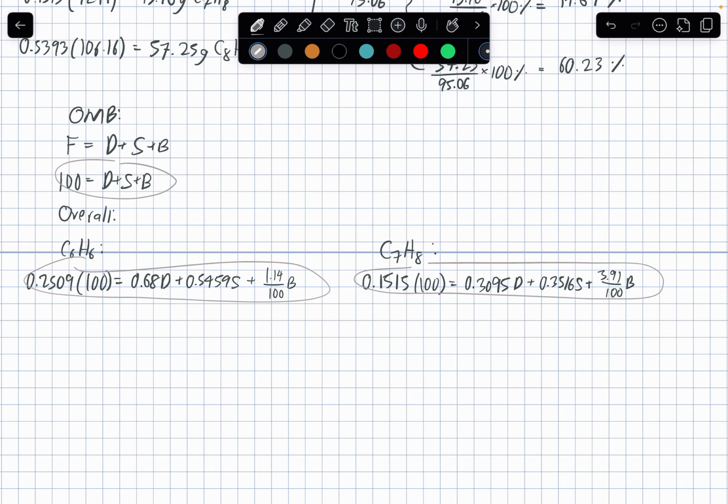Okay, ready your calculator? Three unknown equations. 1, 1, 1, 100. 0.68, 0.5459, 1.14 over 100. 0.2509 times 100.